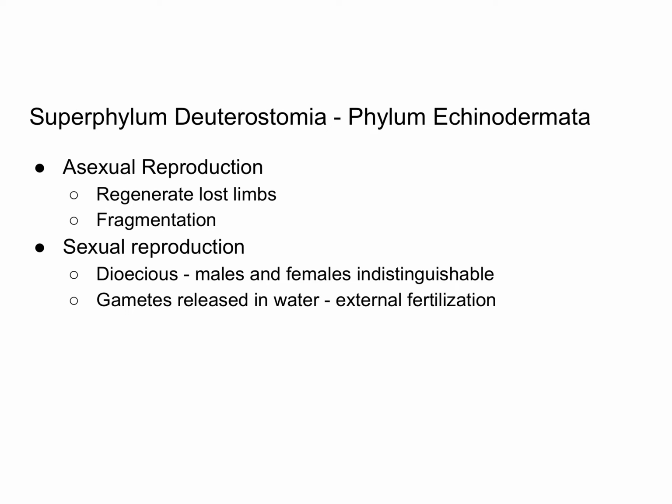Echinoderms can reproduce asexually or sexually. They can regenerate lost limbs. So if you ever see a starfish that only has 4 legs, it's possible that it's growing a 5th leg back. It can also reproduce by fragmentation. And so if part of the echinoderm breaks off, depending on if it has enough of the center area present, it can actually develop into its own organism.